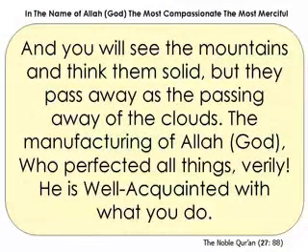The manufacturer of Allah, God, who perfected all things. Verily, He is well acquainted with what you do. So in this Quranic verse, Allah God Almighty states that His creation is a process of manufacturing. The process of manufacturing needs a factory, and it needs the engineering information for the production of the products. The engineering information is found in the DNA molecule.